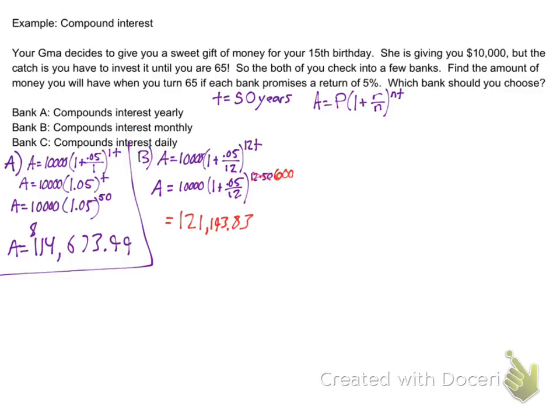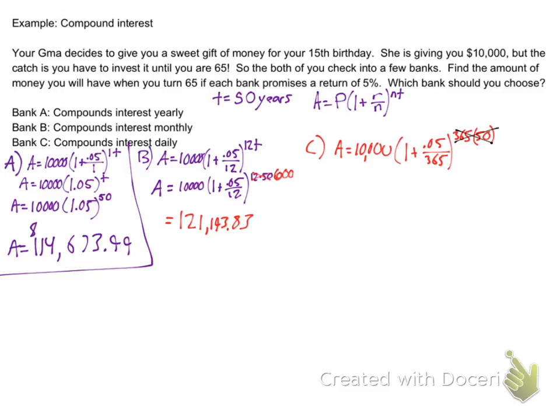Let's use Bank C. 10,000 times 1 plus 0.05 over 365 to the 365 times 50. Whoa, what's 365 times 50?